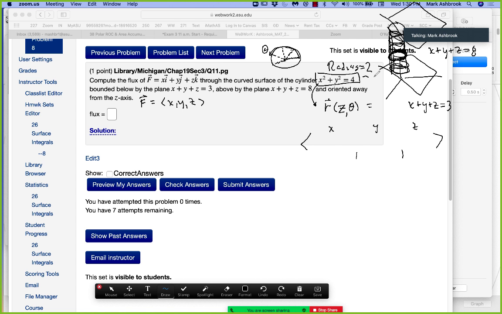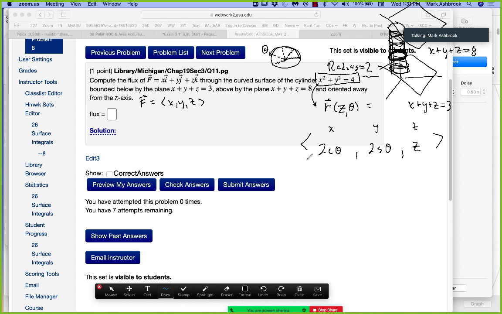Right, the radius is 2, and theta gets us all the points around the circle. And then what is z? Just z. That's the advantage of picking z. So this defines every point on that cylinder.